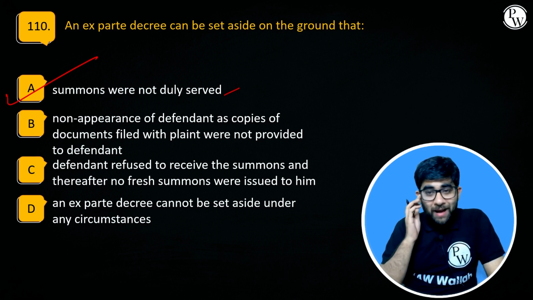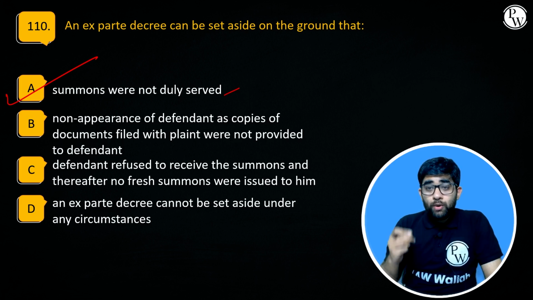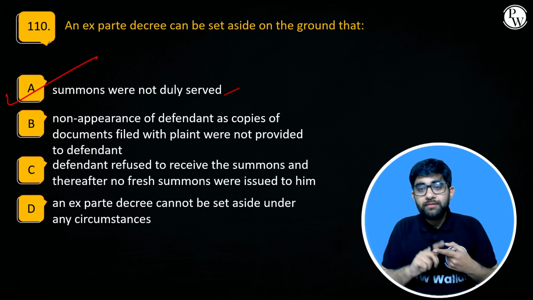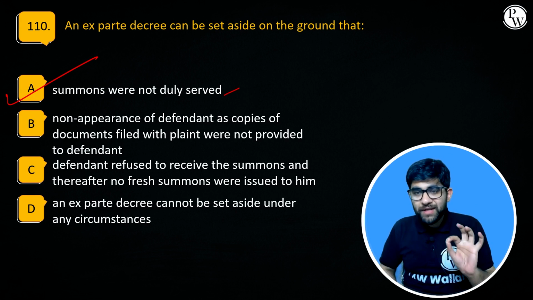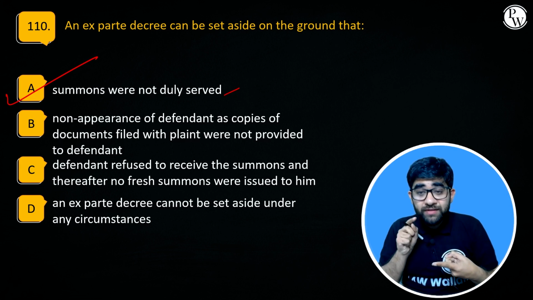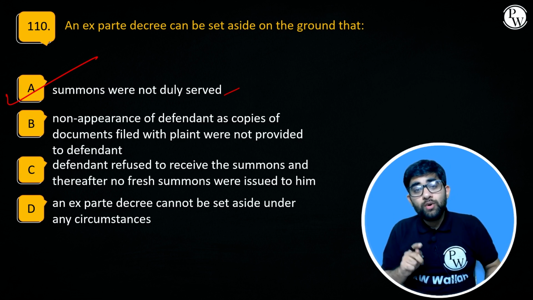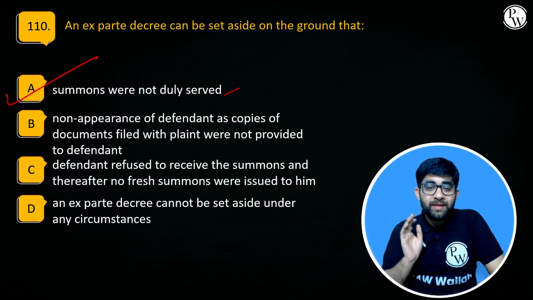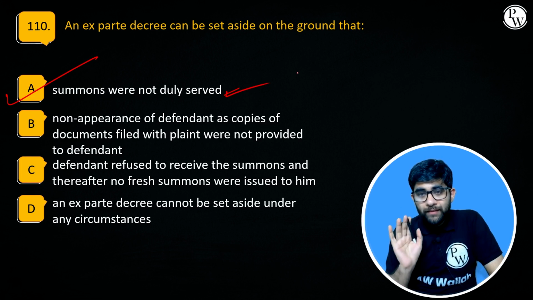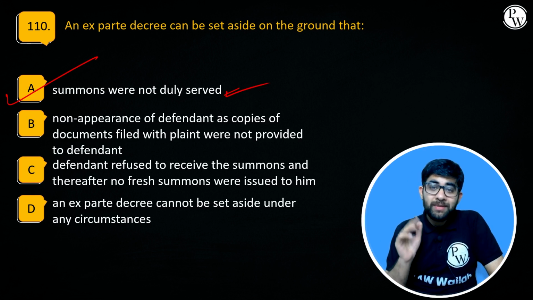See, what happens is if the summons are duly served, then only ex parte proceedings come into picture. Until and unless summons are served to the satisfaction of the court, availing all the remedies, including that of substituted service, ex parte does not come into picture. So, since summons are not duly served, ex parte decree can be set aside.